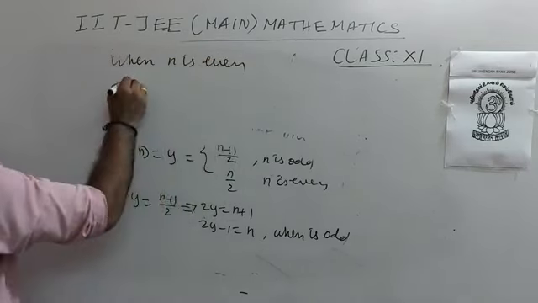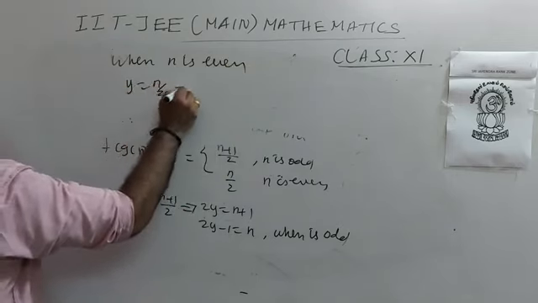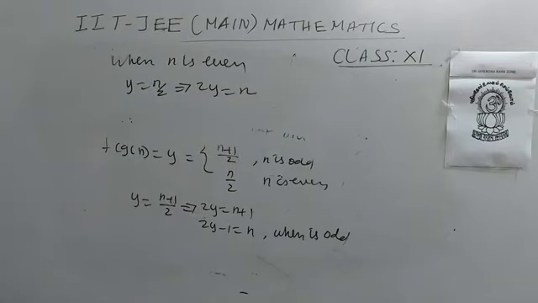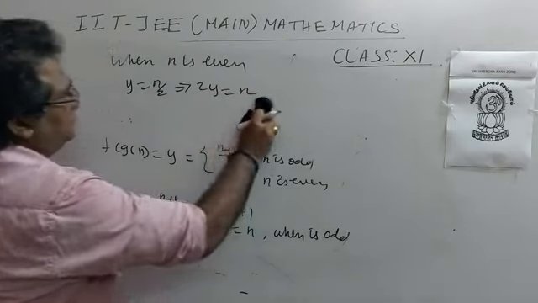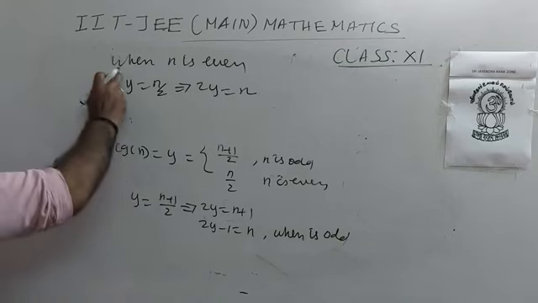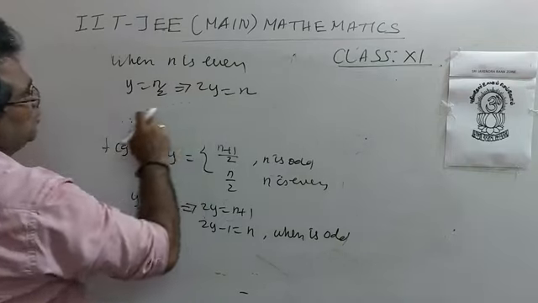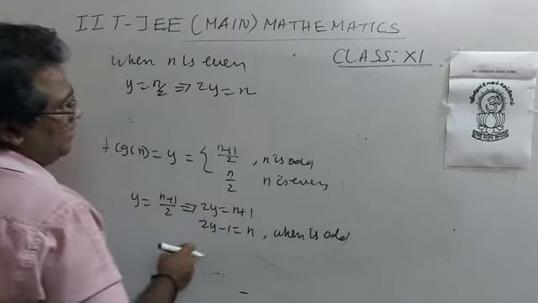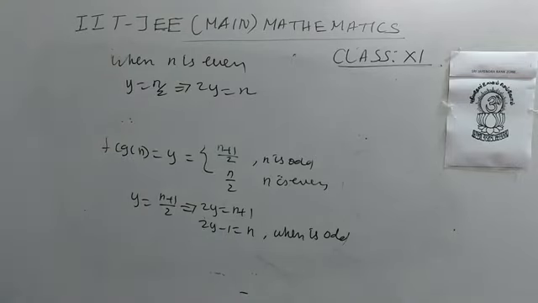When n is even, y equal to n by 2, which implies 2y equal to n. So when n is even, we get 2y, that is a multiple of 2, an even number. When n is odd, we get 2y minus 1, that is an odd number.